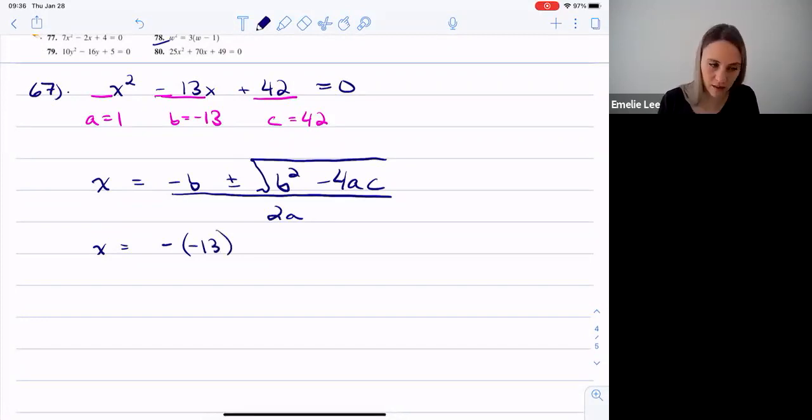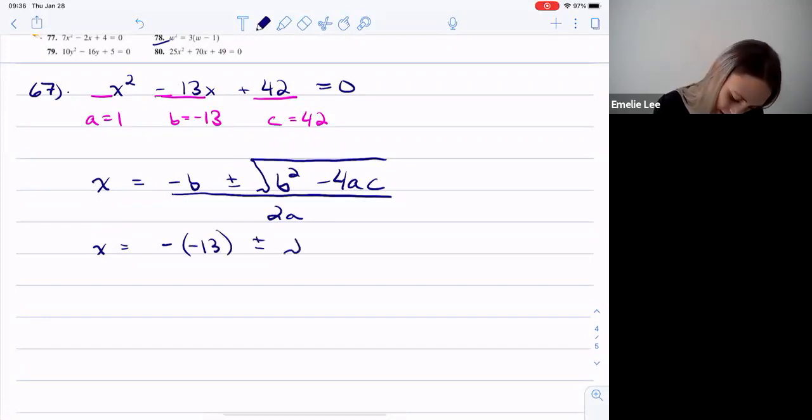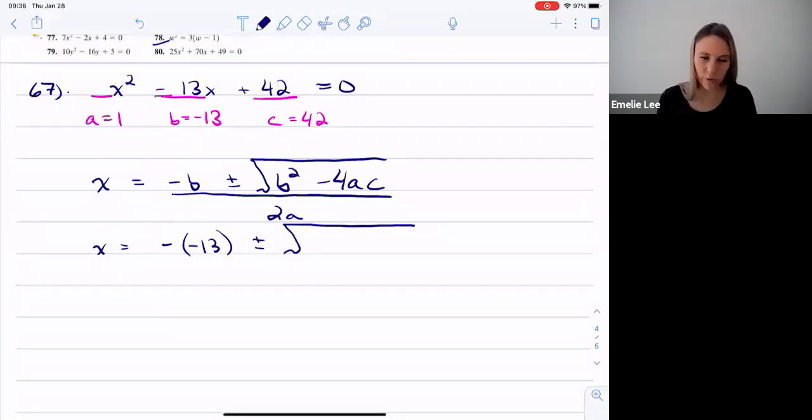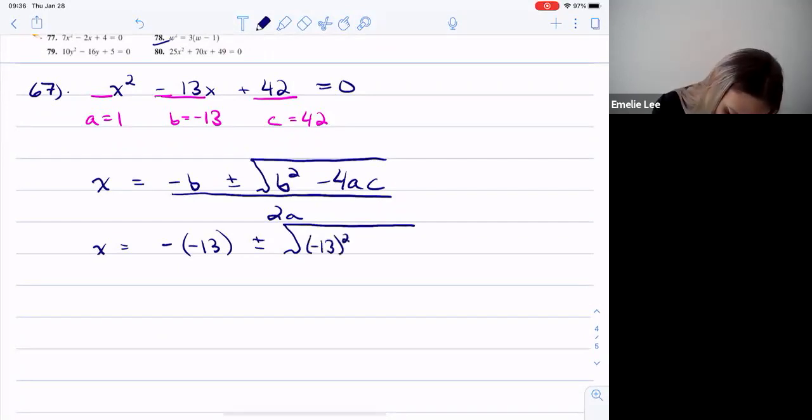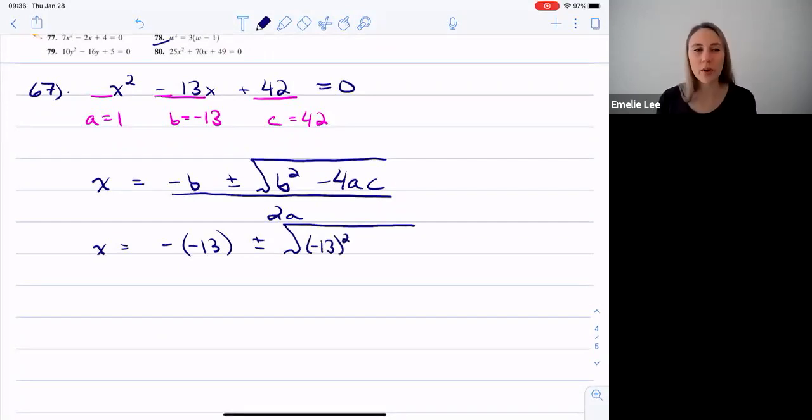Negative 13 plus minus the square root of b squared, which is negative 13 squared. Whenever you square a negative, you just get a positive value back, but you want to make sure that you show that it's the negative. Careful on your calculator: you might have to put brackets around the negative 13 before you square it, if it gives you a negative value.